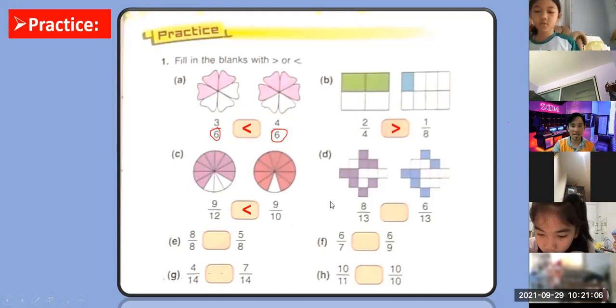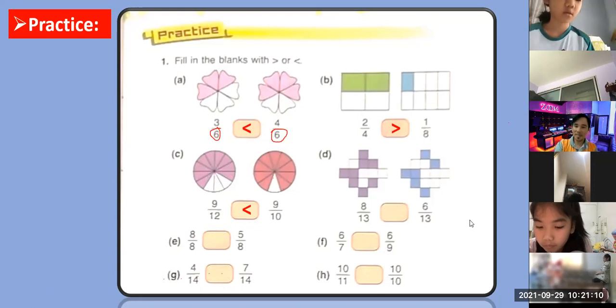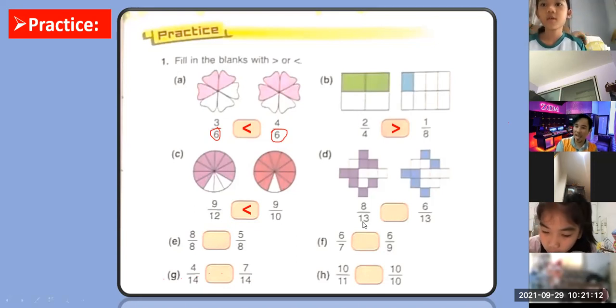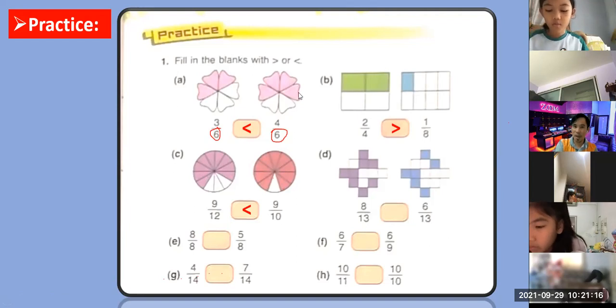How about letter D? The same denominator, 13. Now we will compare the numerators, 8 and 6. So greater or smaller?